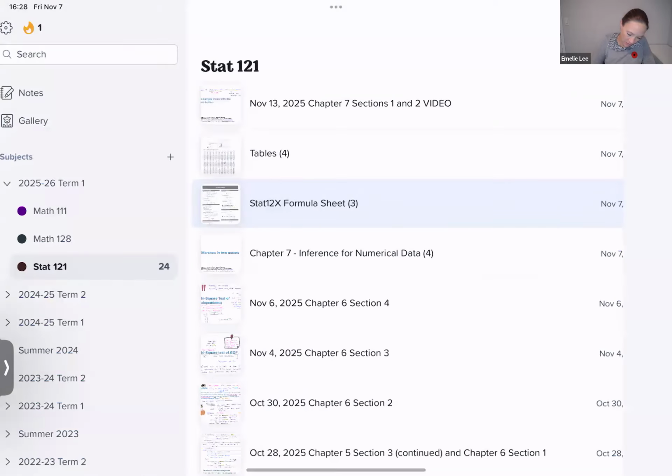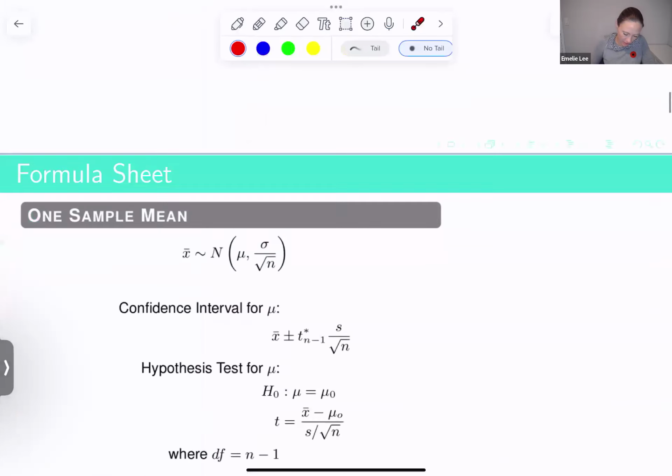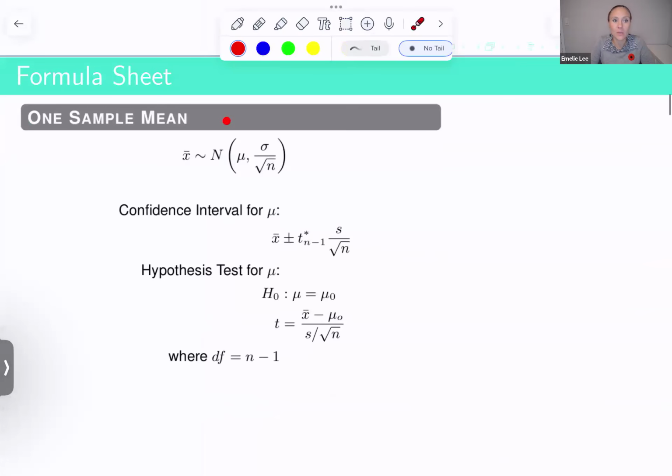Let's go to the blown up version. One sample mean: X bar follows a normal distribution with a mean mu and a standard error of sigma over root n. We're familiar with all those things.